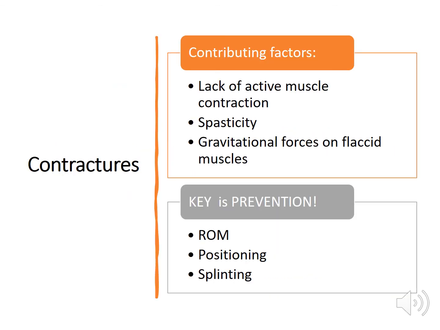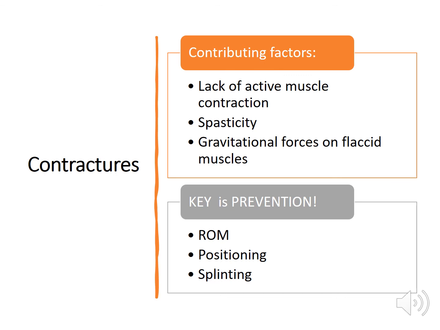So the next one is going to be contractures, and contractures develop secondary to prolonged shortening of structures across and around the joint, which will lead to limitations in that joint's motion.